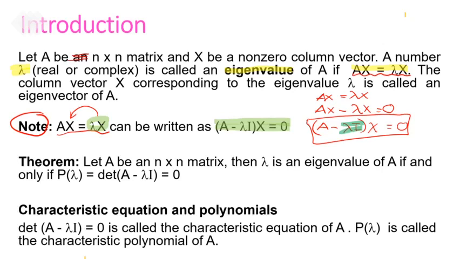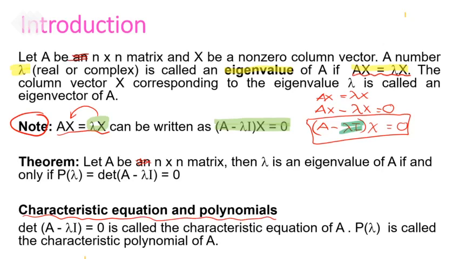Let A be an n times n matrix. Then lambda is an eigenvalue of A if and only if P lambda equals determinant of A minus lambda identity equals 0. Okay, characteristic equation and polynomial.